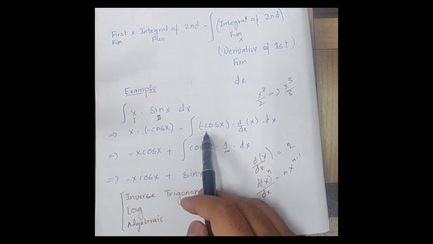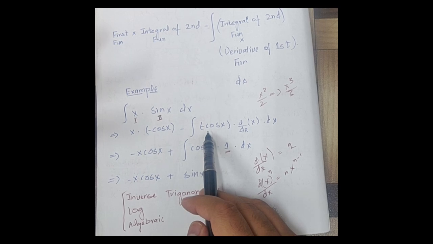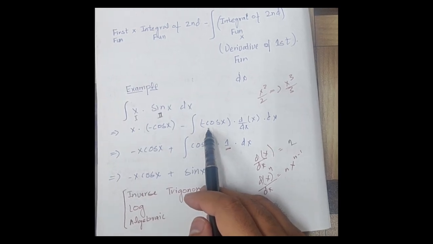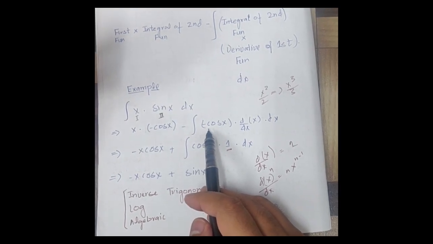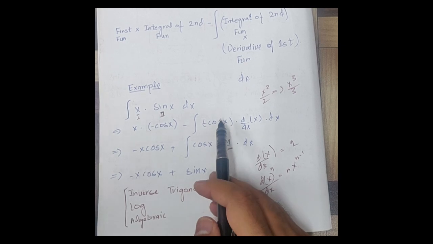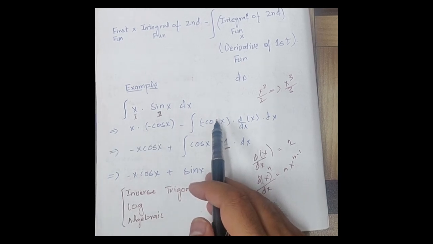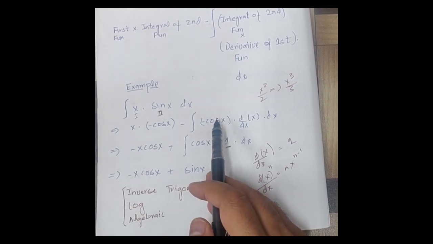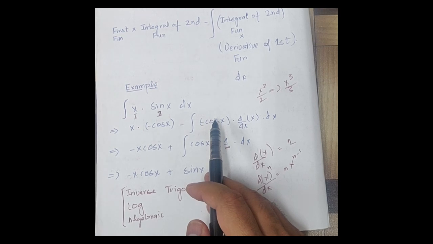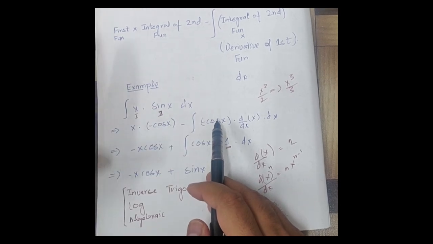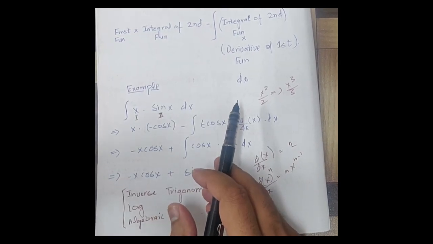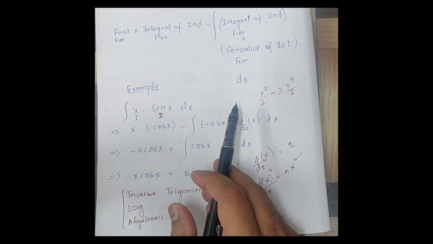The integral of x is x squared by 2, and again in the subsequent integral I would have to integrate x again, and it would become x cubed by 3.